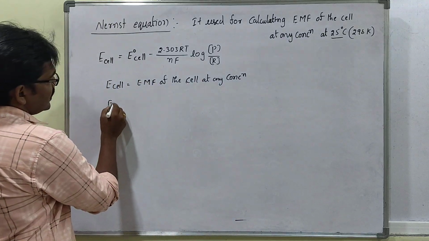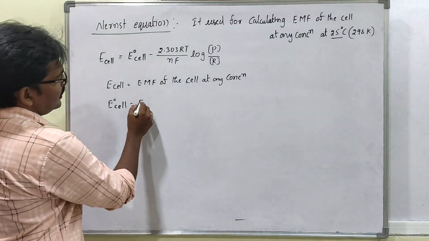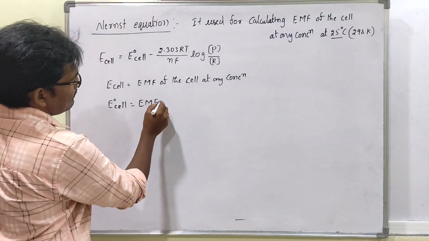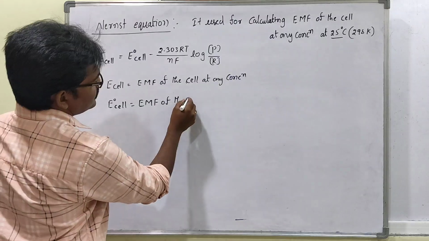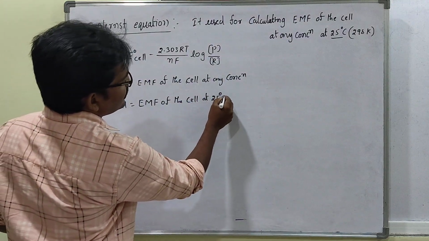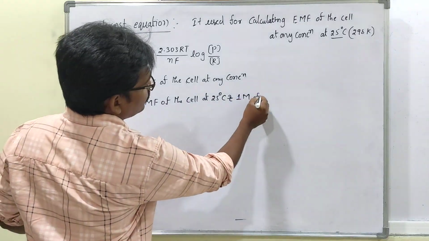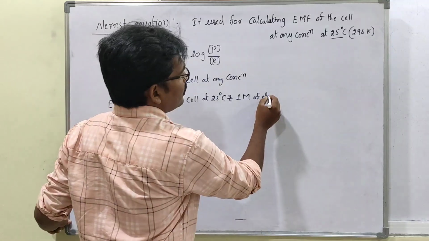E naught cell is nothing but the EMF of the cell at 25 degrees Celsius and 1 molarity of electrolytes.